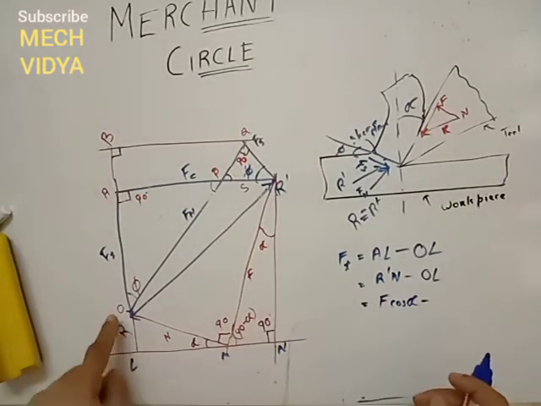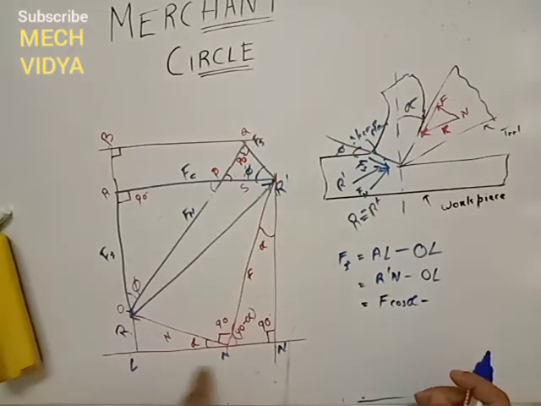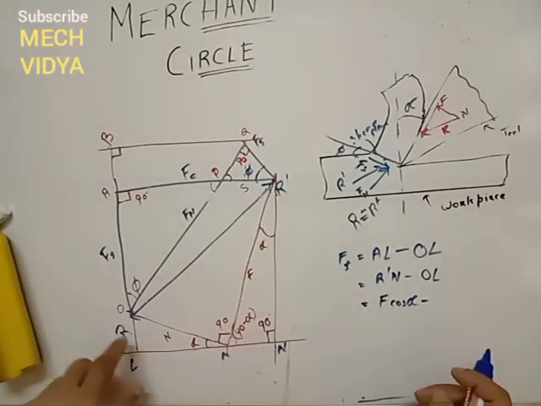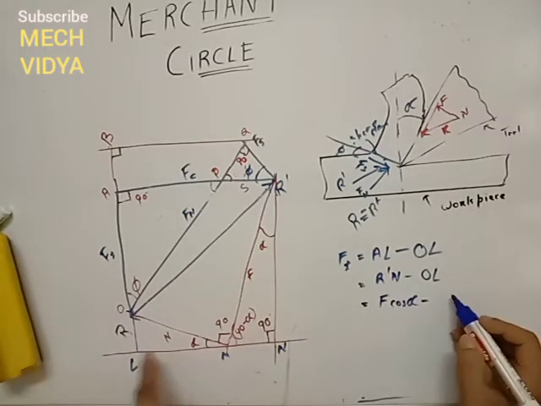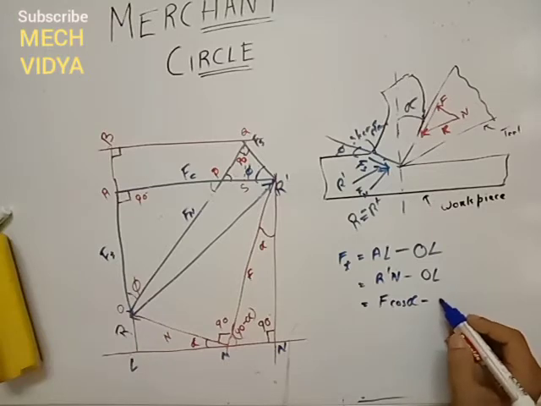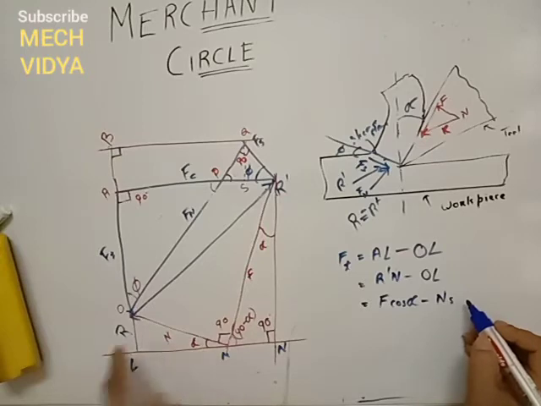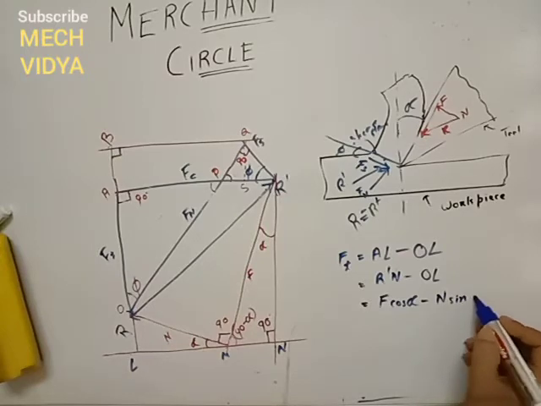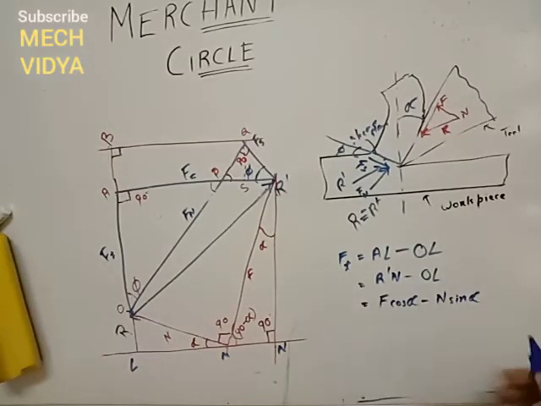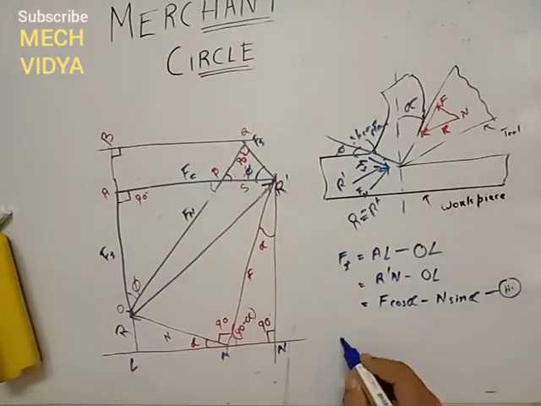Now OL we have to find out from this triangle OLM. So from this triangle, by using trigonometric relations, we can write it as N, the hypotenuse, sine alpha. So this is our Ft. This equation can be written as equation 3.